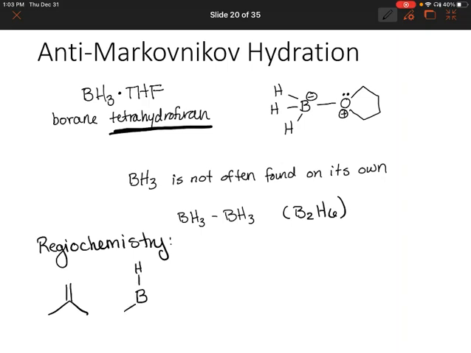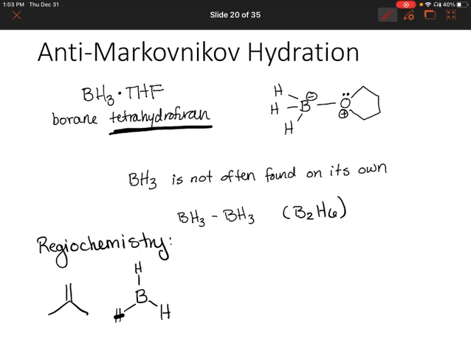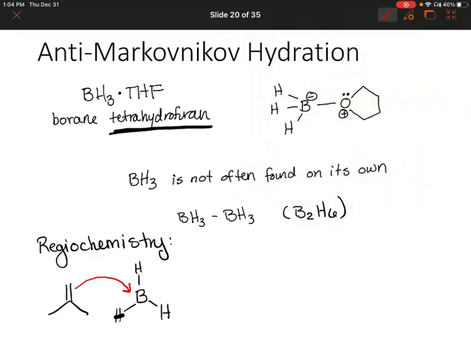So maybe it dissociates and comes in here. What happens is the alkene acts as a nucleophile, and remember, boron has an empty p orbital. So the alkene comes in, donates its pi electrons to the boron, and then the hydrogen is actually going to add in as well. So we kind of have a double attack going on.